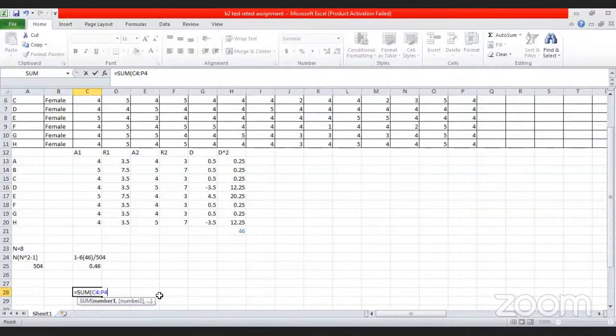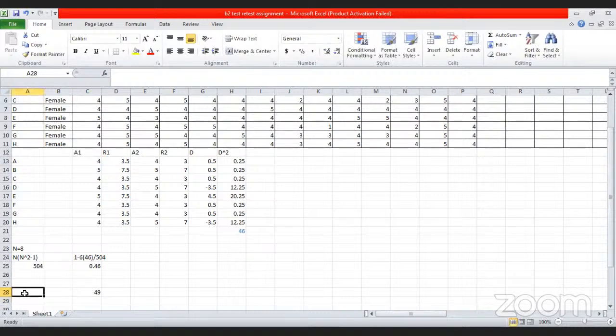Clear? Enter. So I got the total, that is 49, for the individual A. So I'm writing it down.